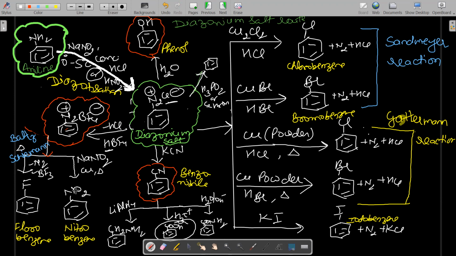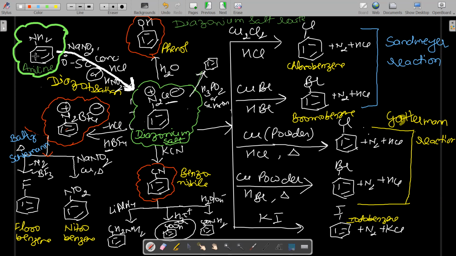So you have to see the reagent. Suppose in the exam it is coming, convert aniline to nitrobenzene. So what do you do first? Diazonium salt, correct? And then in diazonium salt, what do you add? NaNO2, copper. It is a two-step reaction.